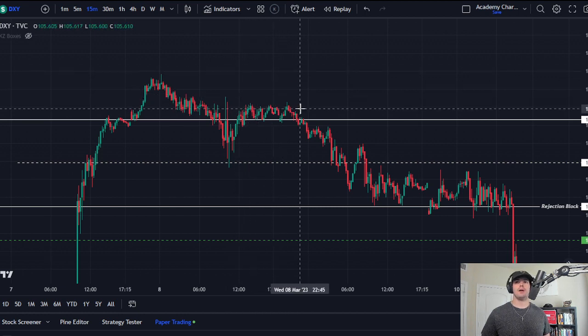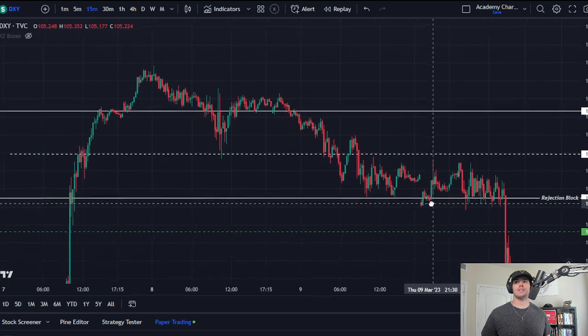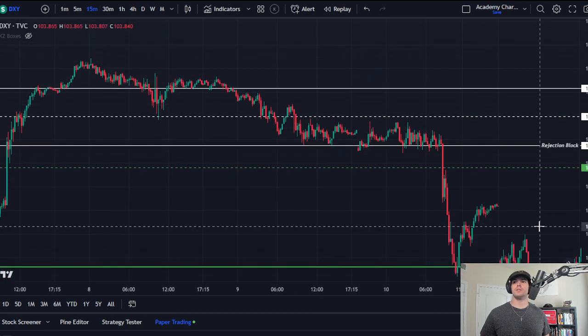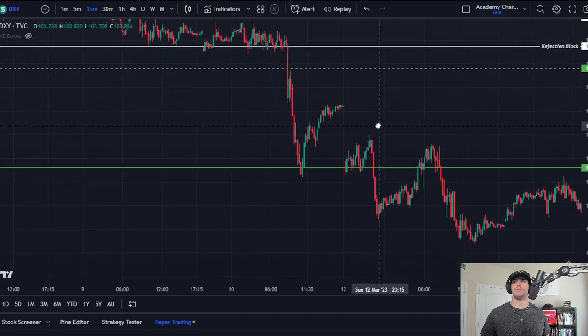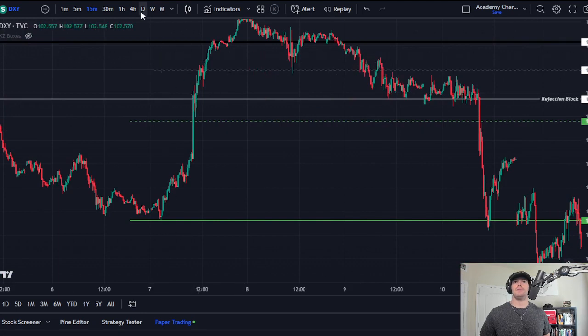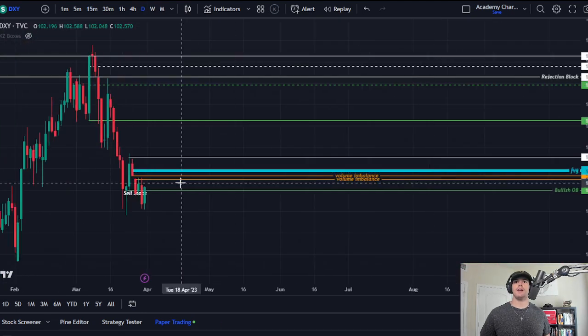This is important. So now when we break back through this zone, this is when we can apply our classic support and resistance. Then that zone holds and drives price lower. And that is going to be it for how we look at our rejection blocks and our zones there.